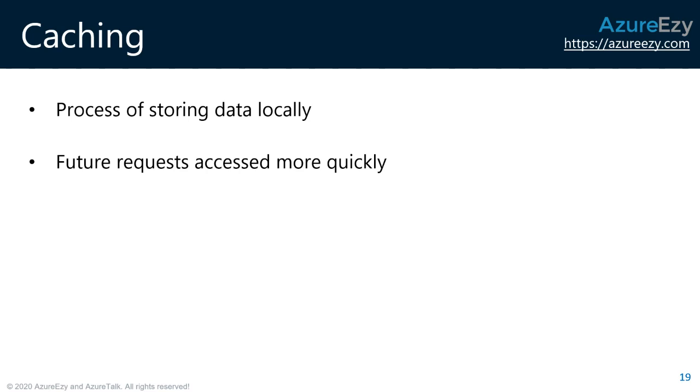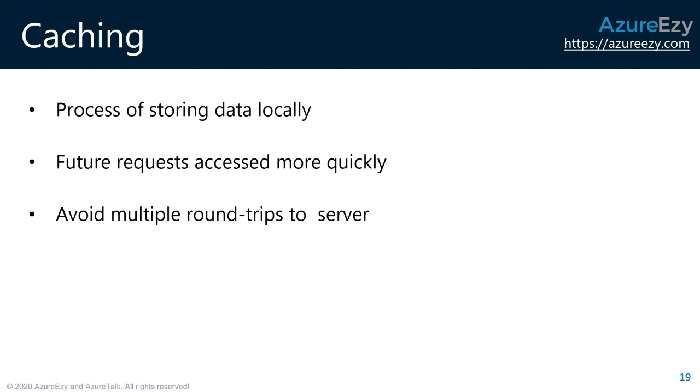You will be accessing that very quickly. The other thing is, for any content which is cached locally, you will avoid the trips, avoid the connection, avoid the round trip from client to the server for those particular things.